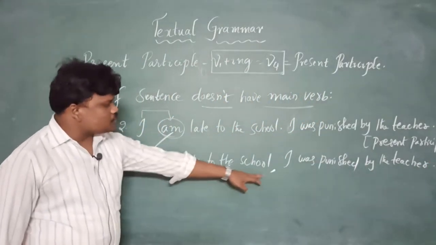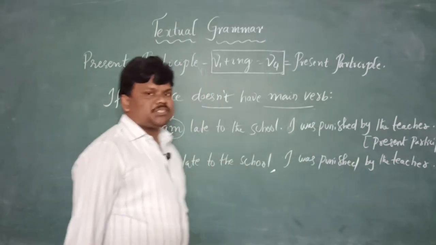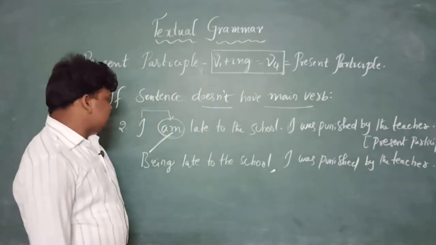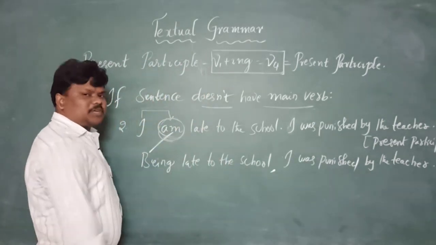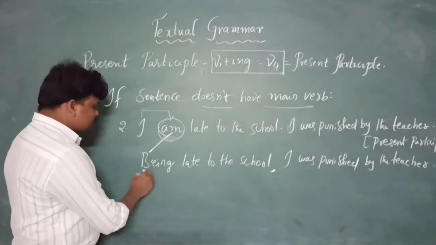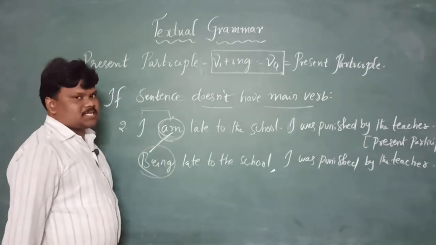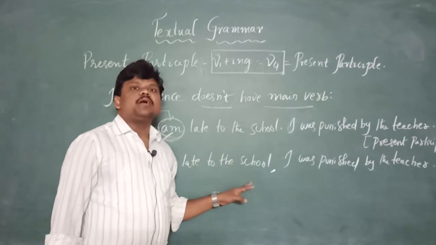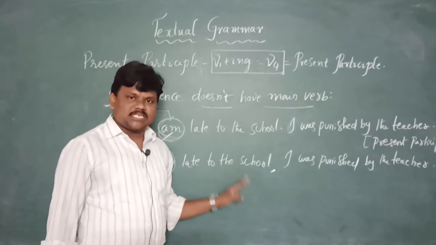Being late to the school, comma, I was punished by the teacher. Very simple. Well, yes, if there is am, is, or was, were, we need to begin our answer with being, compulsory. This is called present participle.